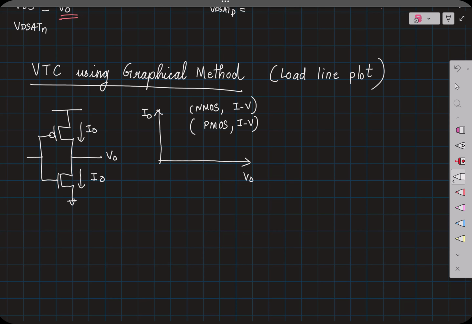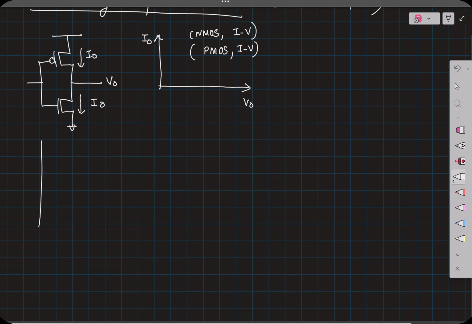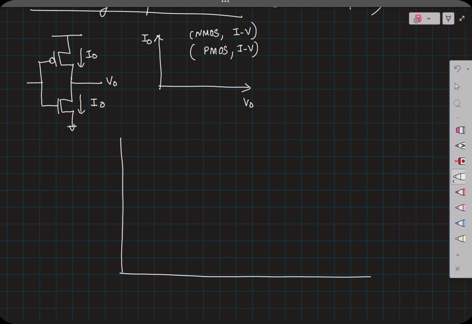Right? So now to start, let us plot I0 versus V0 for the NMOS transistor from the figure.